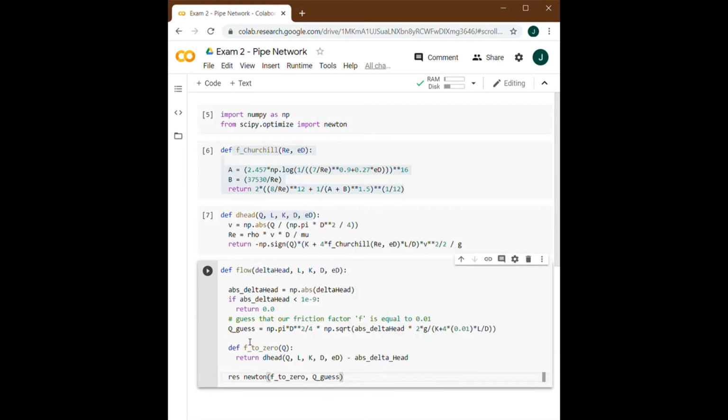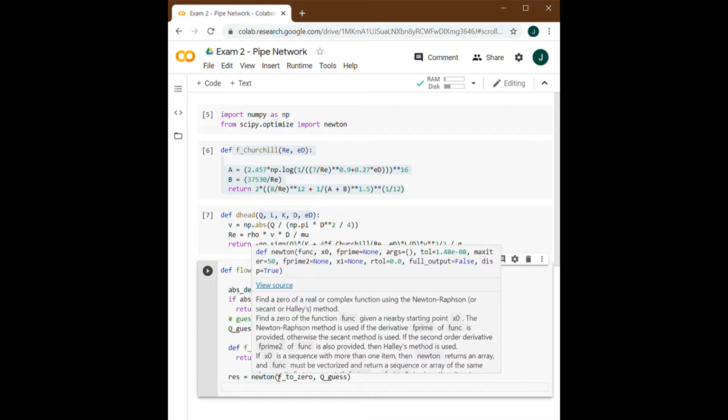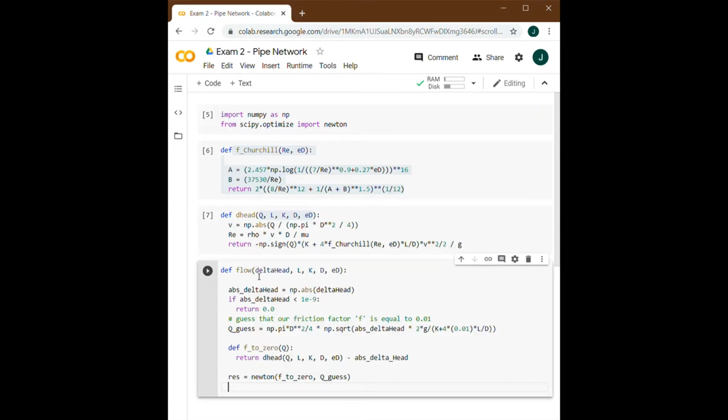Okay. Now that we have that, we'll just call this variable results. Now we can return a value for this flow. So we still need to finish this function.